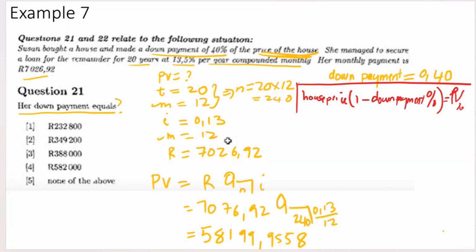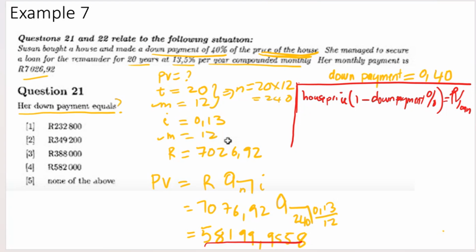That is, what is your present value of your loan? This amount is the present value of your loan, obtained from your house price.